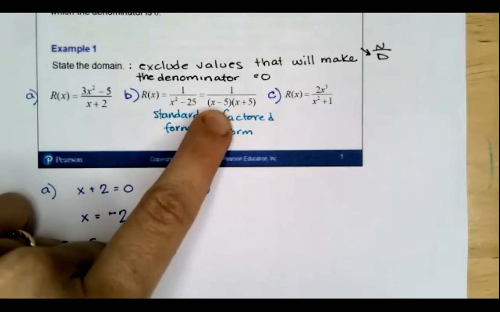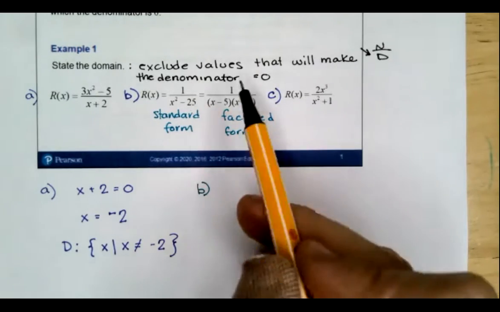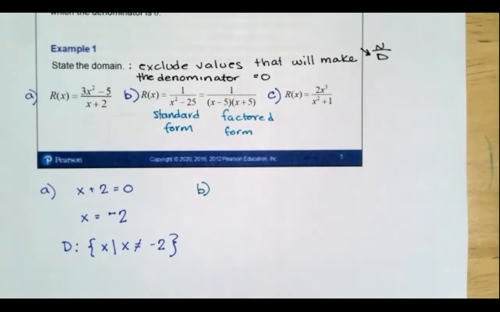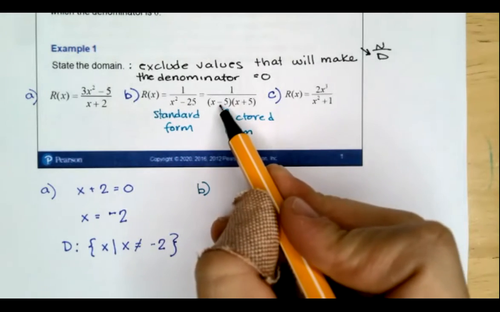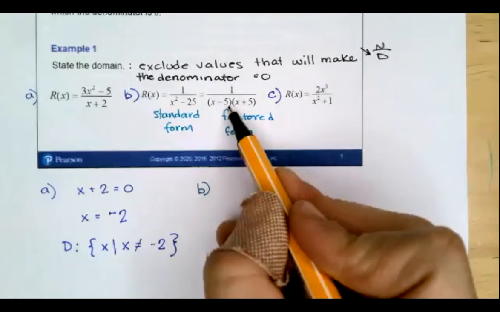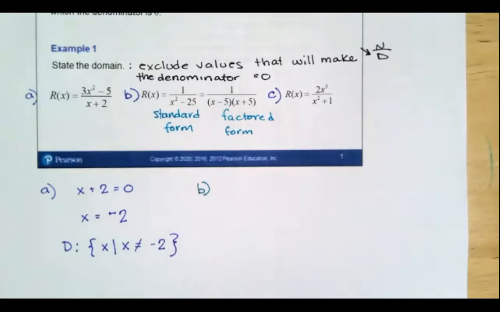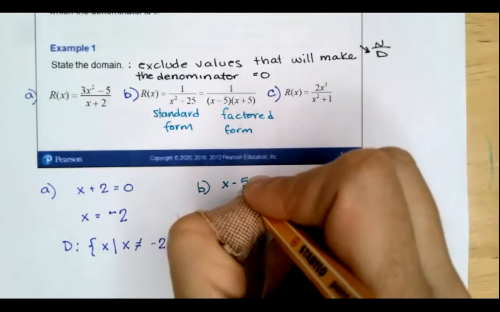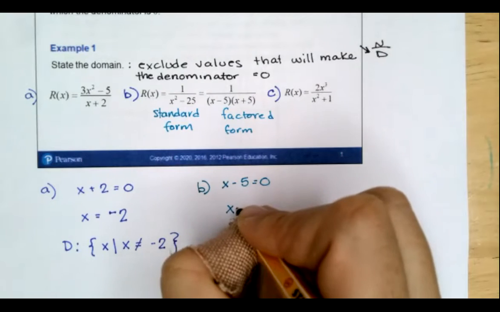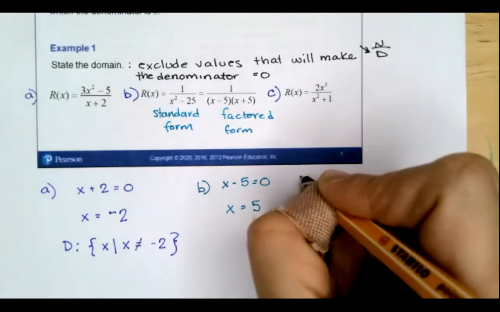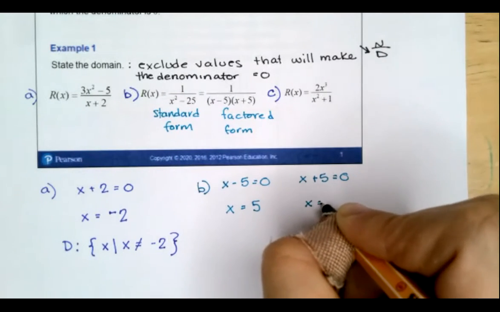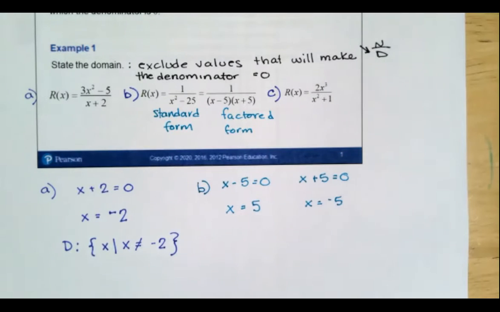For each factor, what do I need to exclude? So x minus 5 times x plus 5 cannot equal 0. That means neither x minus 5 nor x plus 5 can equal 0, right? We have 2 situations. We have x minus 5 cannot be 0, so x cannot be positive 5, and x plus 5 cannot be 0, so x cannot be -5.